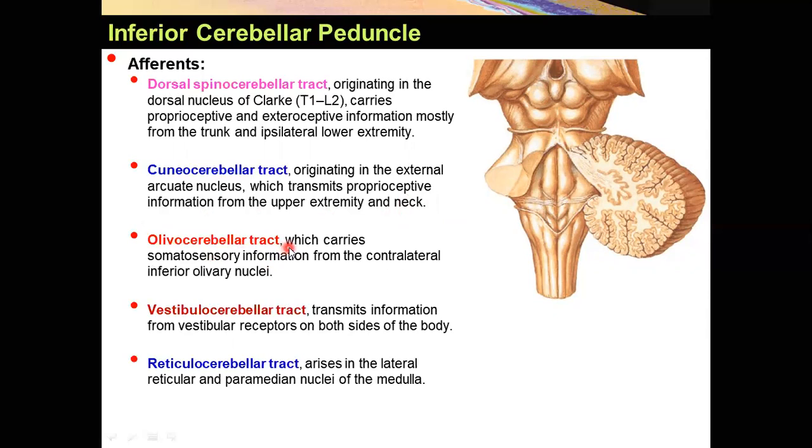The olivocerebellar tract carries somatosensory information from the contralateral inferior olivary nuclei. The vestibulocerebellar tract transmits information from vestibular receptors on both sides of the body. The reticulocerebellar tract arises in the lateral reticular and paramedian nuclei of the medulla oblongata.